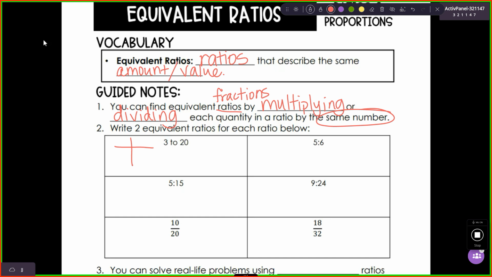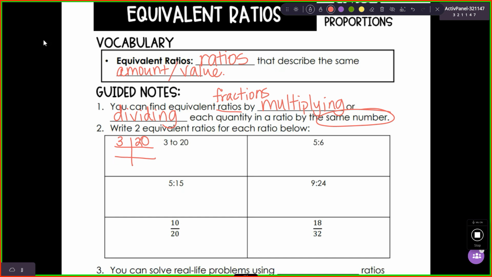No, I only know the numbers. So when I create this table, I'm just going to make it a T because I do not know my categories. Okay, so my first ratio I'm going to have written is 3 to 20. So the only difference about this table from yesterday is we don't know if it's a part and a whole. Get it? Got it? But we're still going to create equivalent ratios.